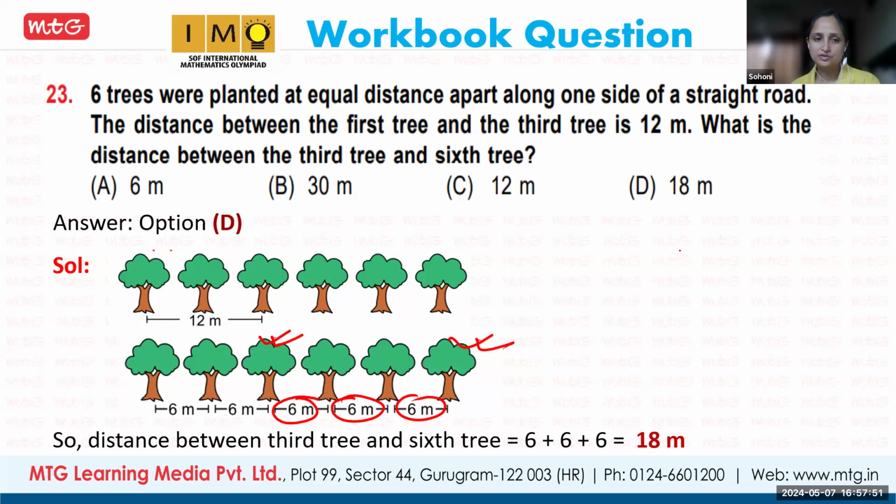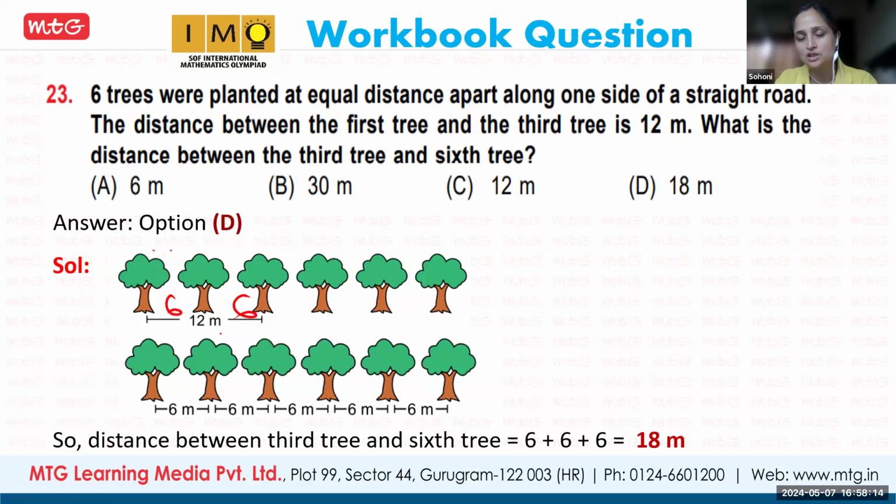The distance between first and third is given as 12 meter, and it's given that there is equal distance for all the trees. So that means this is 6, 6, because only 6 is equal. Otherwise, if it is other numbers like 8 and 4, 8 plus 4 is also 12, but they are not equal. So equal numbers is possible only if it is 6.